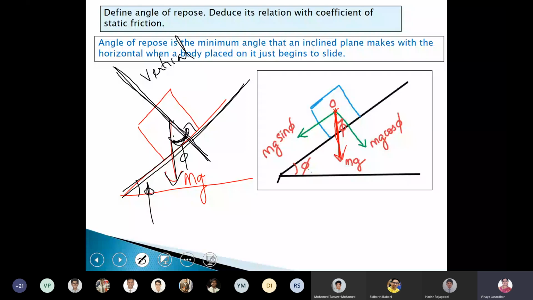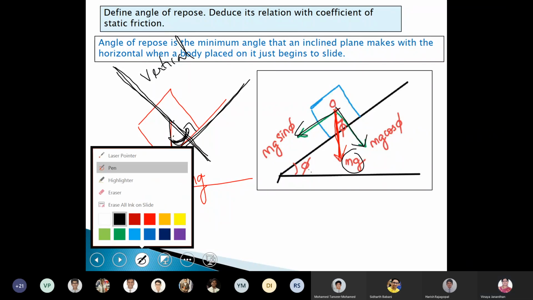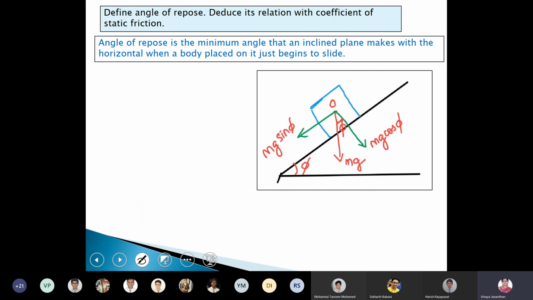Now I have to resolve this mg into two components. Two components means we are splitting that into two parts. When you combine mg cos phi and mg sin phi, you have to get mg.